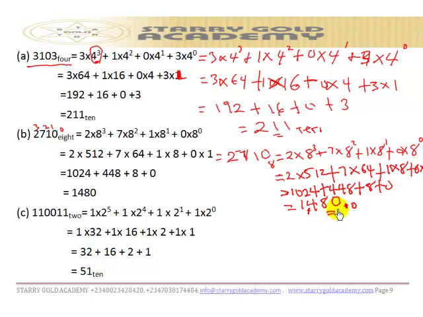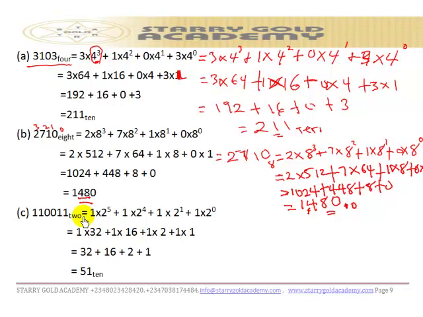In base 10, you can choose not to write the base. In fact, if a number is in base 10, you can choose not to write the base at all. Like here, the one I typed here, I didn't put the base, I just wrote 1480. So base 10 is the only number where you are permitted not to write the base. If you want to write the base, you can.